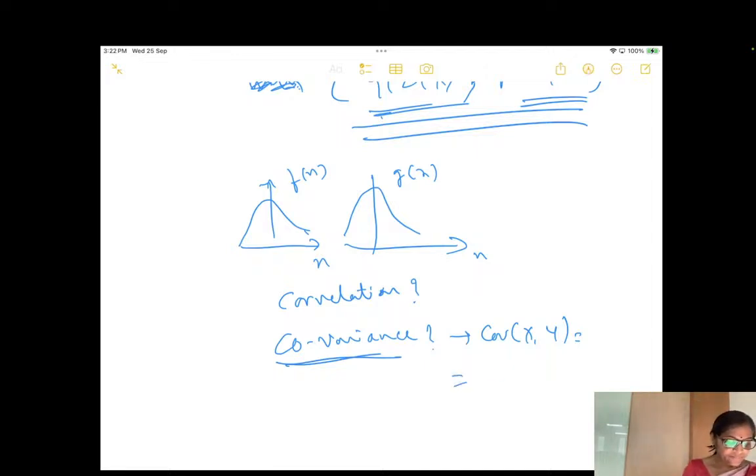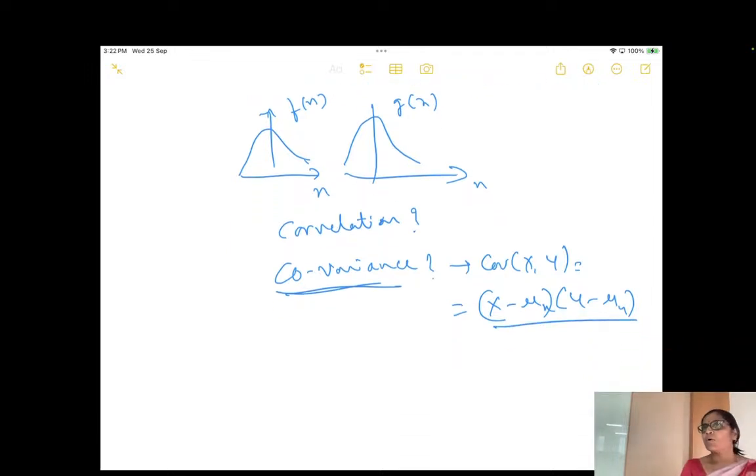It is x minus mean. Is it so? Covariance of x comma y. That's all?